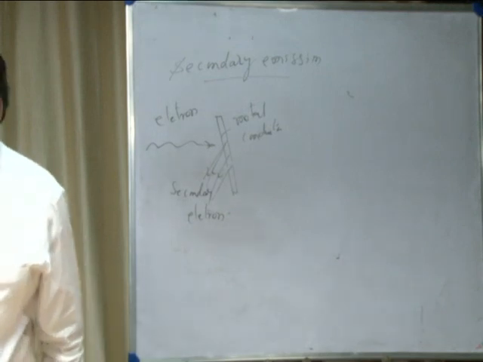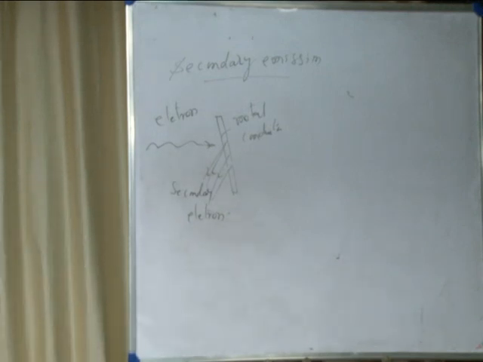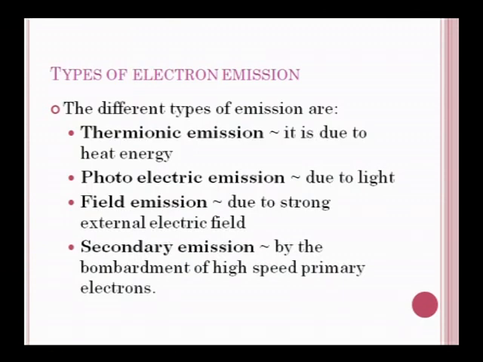So, these are the certain methods by means of which we can generate electrons. In field emission, a huge amount of electricity is required, as I told you. If the distance between the conductor and the applied field is merely 1 centimeter, then nearly 1 lakh volt is required.